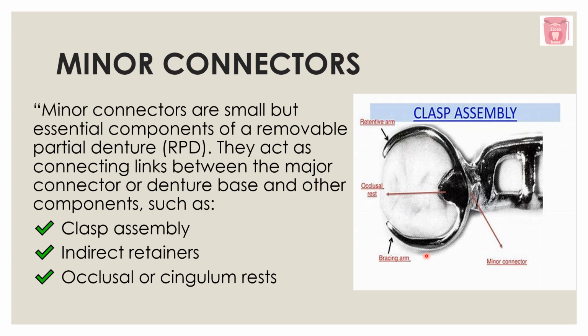These are two clasps, okay, and this is your occlusal rest. We do a preparation on the tooth on which this rest goes and seats down, okay. So these are your minor connectors which connect your major connector or your denture base to this part of the denture. So the basic function of your minor connector is to connect the two major parts of your denture base.